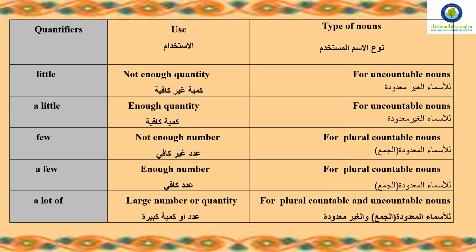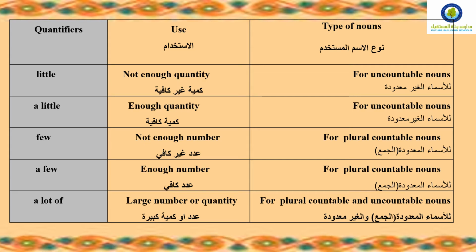Few, not enough. It means that the number is not enough, for example number of people, any plural countable noun. A few, enough number, it means enough for plural countable nouns. The last one, a lot of, it means large number or quantity.